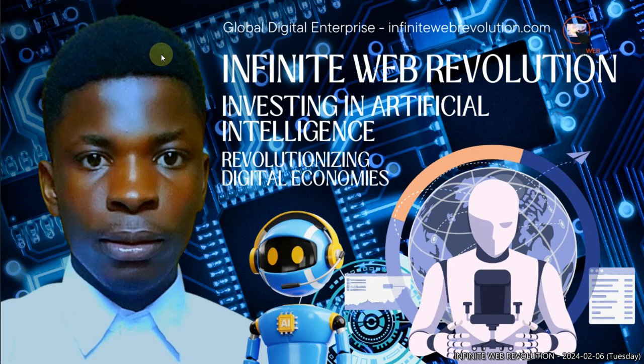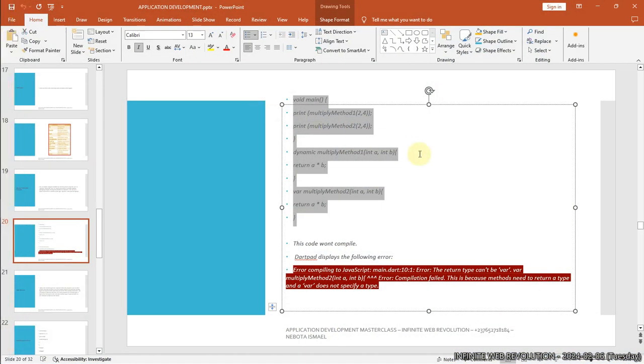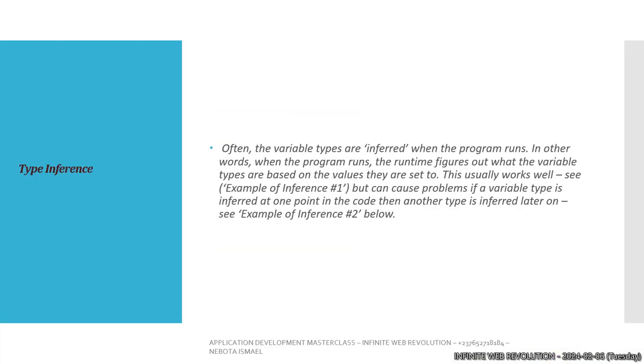Okay, so I think we are going to continue again. I believe that particular concept has been quite understood. So type inference: often the variable types are inferred when the program runs, right? In other words, when the program runs, the runtime figures out what the variable types are based on the values they are set to.